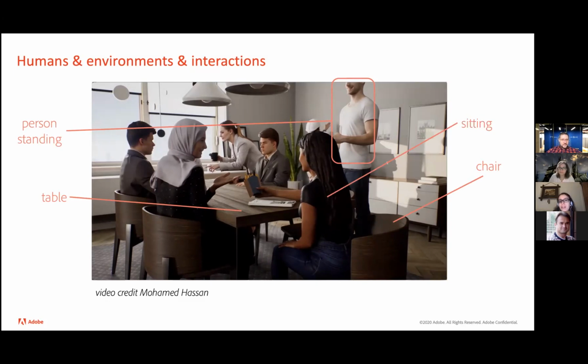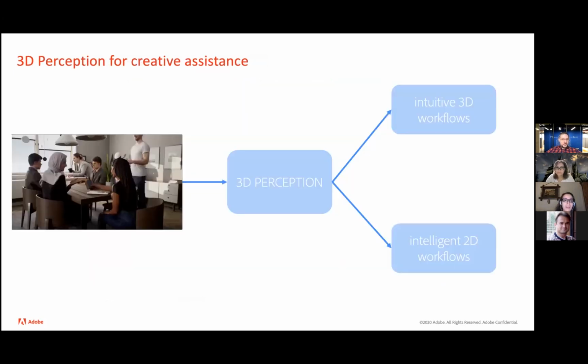So why is this 3D understanding useful? Well, we are living in an era where digital workflows are becoming a part of both our professional and personal lives. If we have a good understanding of the 3D scenes, the 3D physical world, I think it has two main benefits. First, it helps us to build more intuitive 3D workflows.